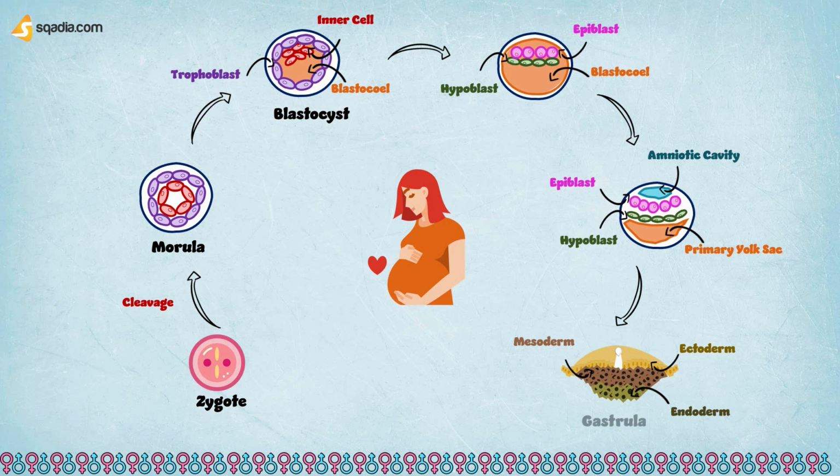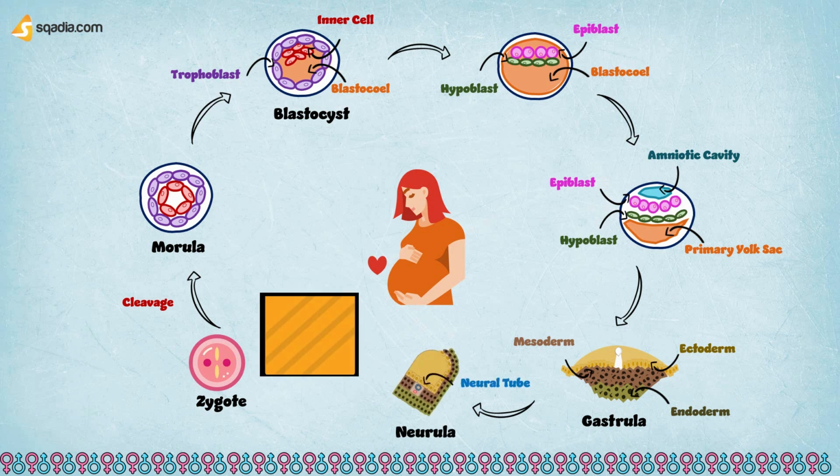The cell mass is now known as a gastrula. In step 6, the neural tube forms, making a neurula. Now at 6 to 7 weeks of gestational period, sex differentiation of the baby is carried out. Here you need to be more focused.